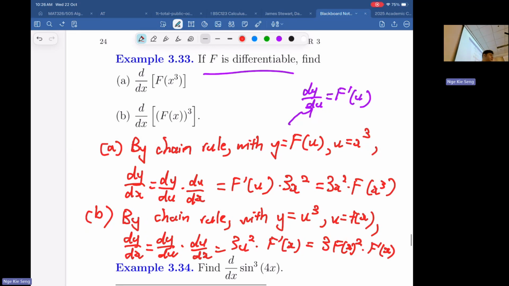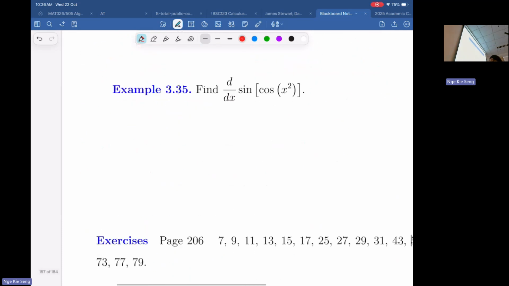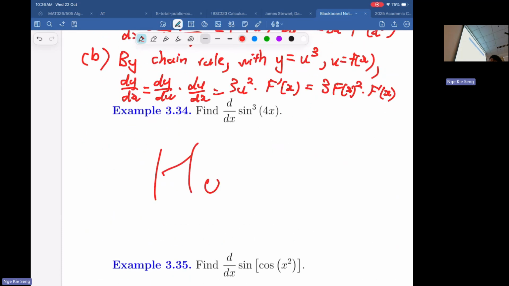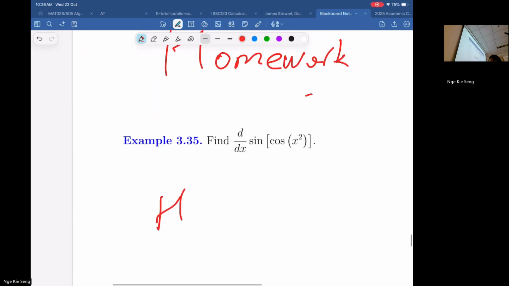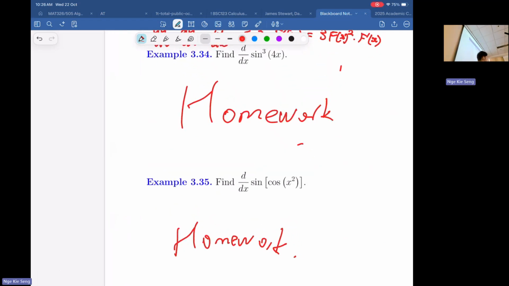Any question so far? Okay, if no, we will keep these two as homework. So please try it out yourself. I think the technicality of these two is you need to apply chain rule twice.